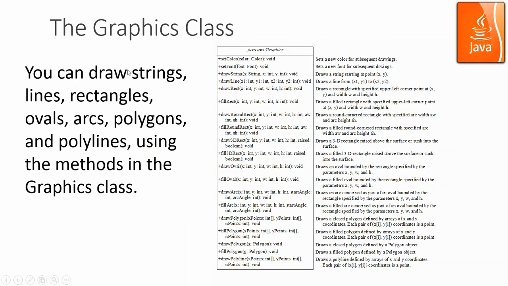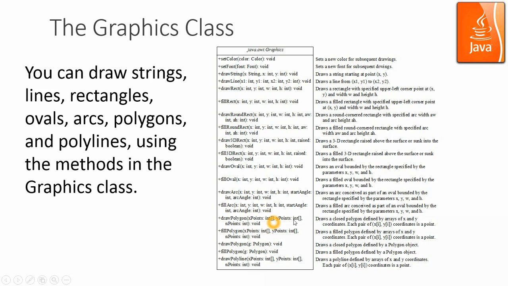The Graphics class: you can draw string, line, rectangle, oval, arc, polygon, and polyline using the methods in the Graphics class. The Graphics class is a canvas, but unlike a canvas, you can do a lot of things: set color, set font, draw string, draw line, draw rectangle, fill rectangle, draw rounded rectangle, fill rounded rectangle, draw 3D rectangle, fill 3D rectangle, draw oval, fill oval, draw arc, fill arc, draw polygon, and fill polygon.